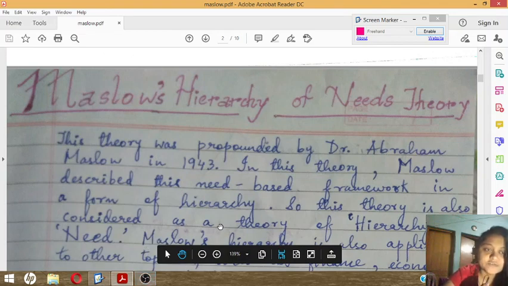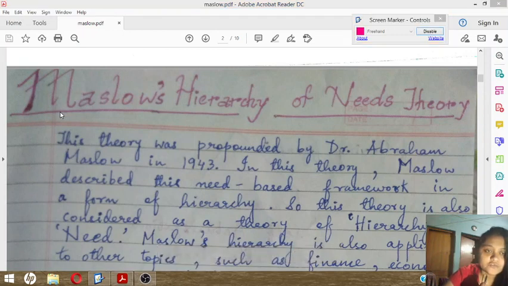So in this session, we will discuss Maslow's hierarchy of needs theory. As you can see, the title is Maslow's hierarchy of needs theory. This is our topic of discussion today. This theory was propounded by Dr. Abraham Maslow in 1943.